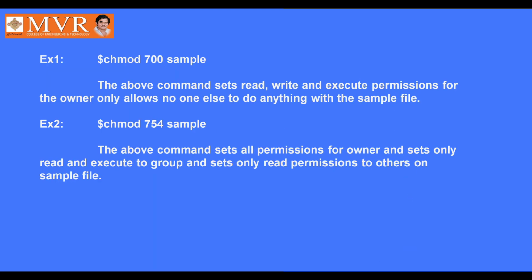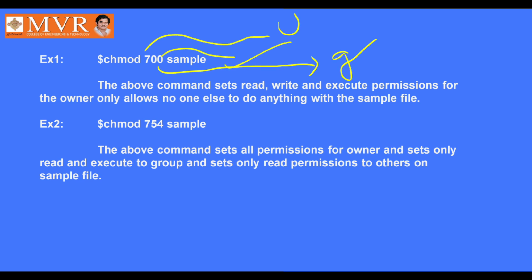Suppose you are using the first example, chmod 700 sample. Again, remember the first numeric is only to represent the permissions of the user, that is the owner, and the second numeric 0 is used to represent the permissions of the group, and the third 0 is used to represent the permissions of the others.